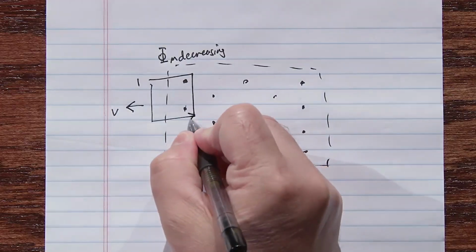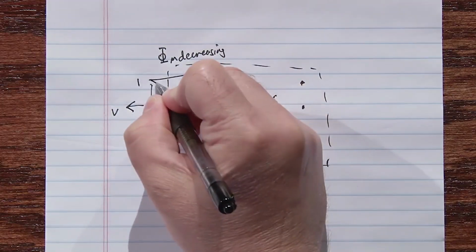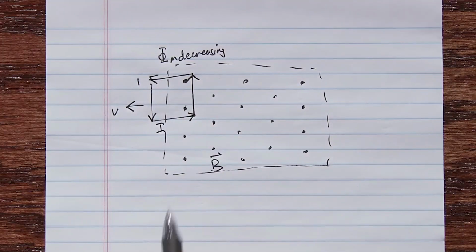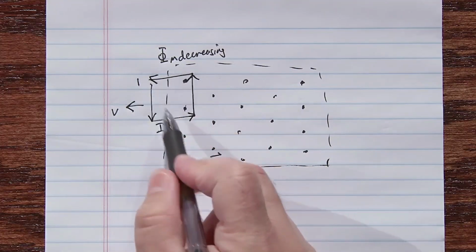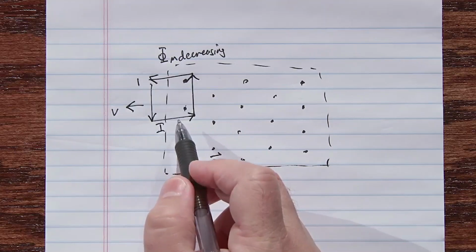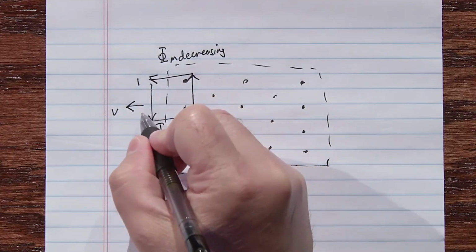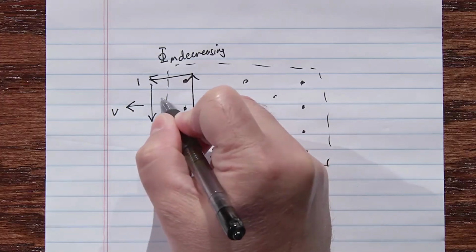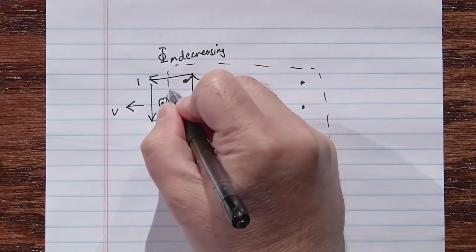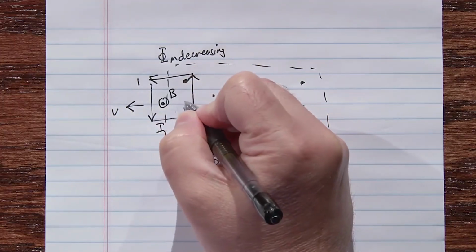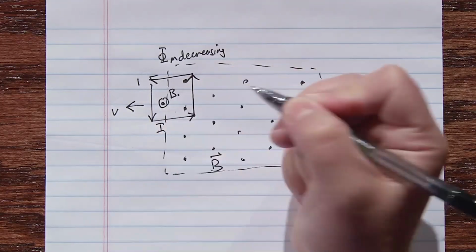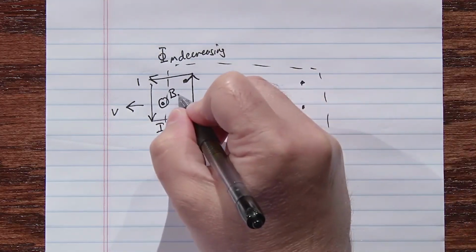So a current that is induced in the counterclockwise direction will give us a magnetic field that is out of the page. And so we'll call this B1, the magnetic field from the induced current.